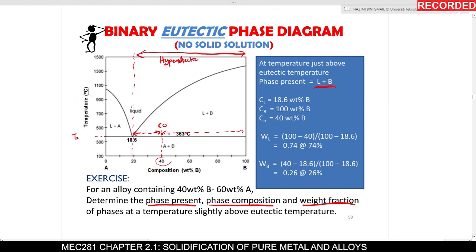So to find the weight fraction of liquid, more on the left, you have to take 100 minus 40, that value, that our C0, over still 100 until it reaches the liquid here, where it is the eutectic point.